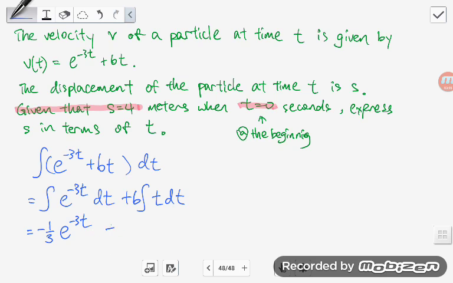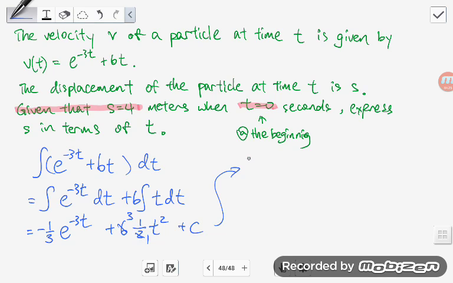Plus, in the second part, what do I differentiate to get t squared? The 6 is still there. I'll put down the 6 and give myself a bit more space. This is going to be t squared. If I differentiate t squared, I get 2, so I need to take care of that by having a half in the front. Plus c. The 2 and the 6 get cancelled out.